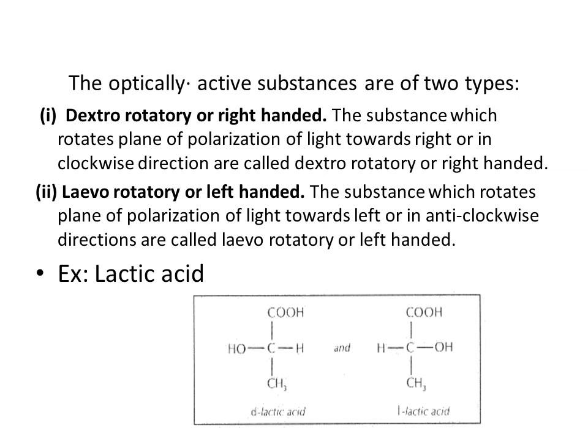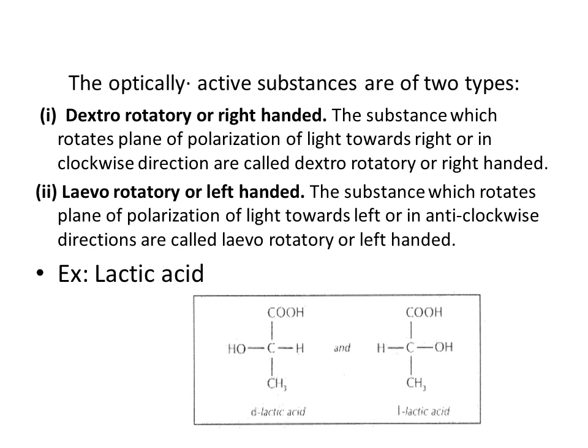The optical activity of a substance, then, there are two types. So first of all, there's dextrorotary or right-handed. The substance which rotates the plane of polarization of light towards the right, or in a clockwise direction, is called dextrorotary or right-handed.